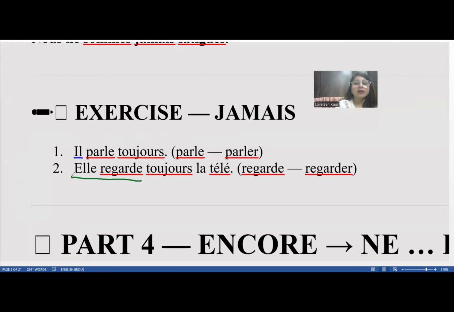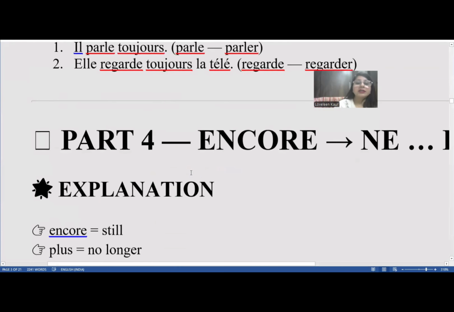Now if I say elle regarde toujours la télé, she always watches television, I'll make it negative: elle ne regarde jamais la télévision. ला ना, तो ला तो रहेगा ही। ठीक है, अगर du वाला सिस्टम हो तो हम चेंज करेंगे, ला ल ले वो वैसे ही रहेगा, वो नहीं चेंज करेंगे। ठीक है. Elle ne regarde jamais la télé. She never watches television. Right?